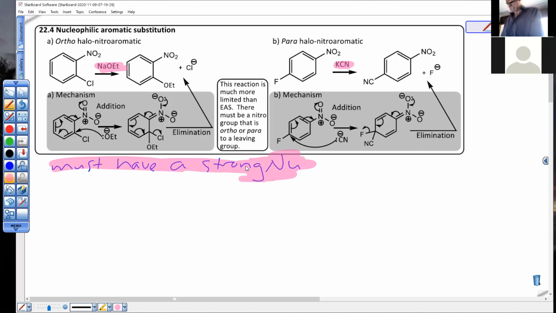And you also have to have this stipulation here. There must be a nitro group that is ortho or para to a leaving group. And we have that right here. We have a strong nucleophile called ethoxide. We've got the mechanism here. Don't worry, we'll do our own practice mechanism shortly.